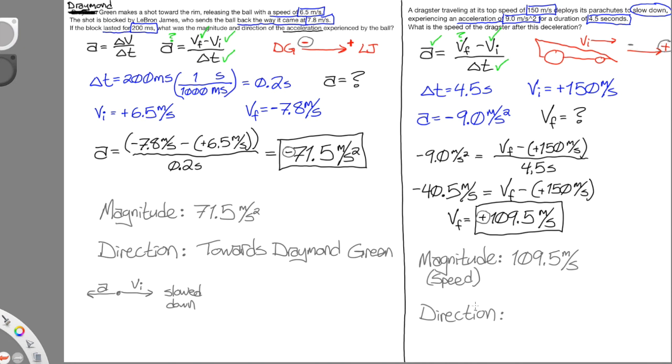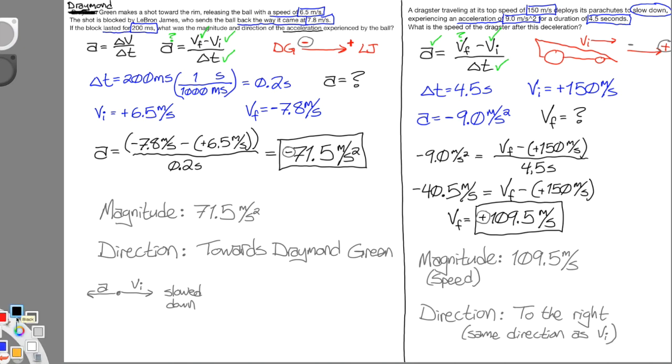So based on our diagram, the final velocity is to the right, or in the same direction as VI. So this dragster has not switched directions, it's kept going the same way, it just slowed down.